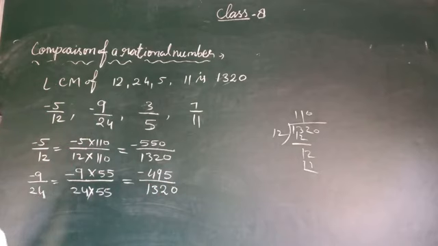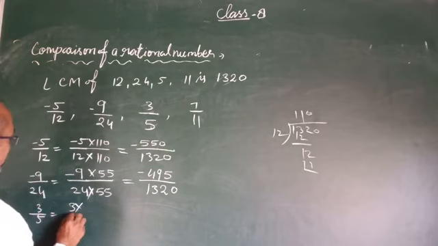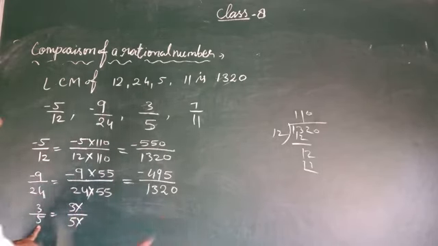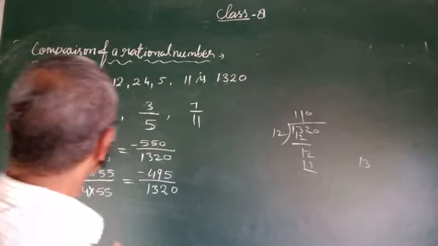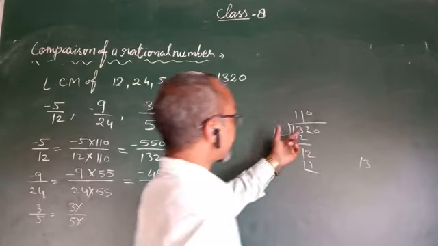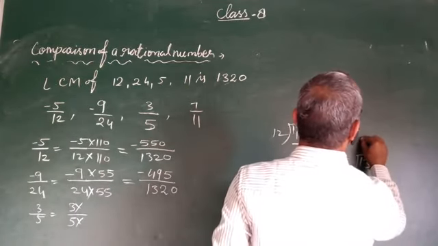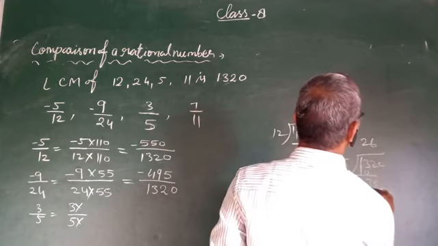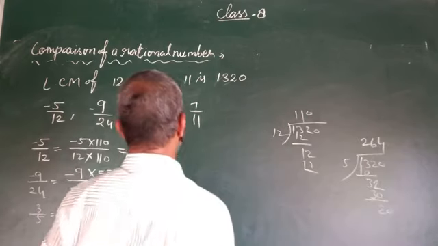1320. Again third fraction, 3 upon 5 equals 3 into upon 5 into, multiply 1320. You have to find by which number multiplied by 5 you will get 1320. So 5 2s are 10, 5 6s are 30, 5 4s are 264.